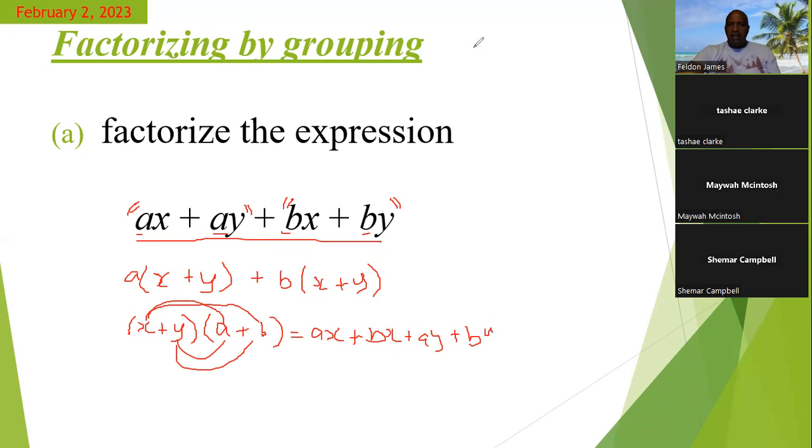Now, the order that we get the product in terms of these terms really doesn't affect the results. But once you have the same exact terms in the product as what we started off with in the expression, so up here we have an ax, down here we have an ax, we have an ay here, down here we have an ay, we have a bx up here, down here we have a bx as well, we have a by, down here we have a by.